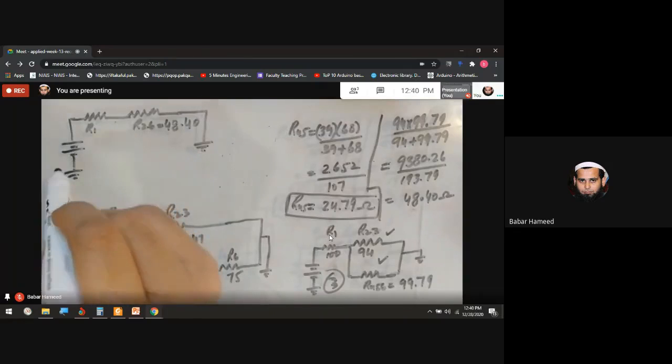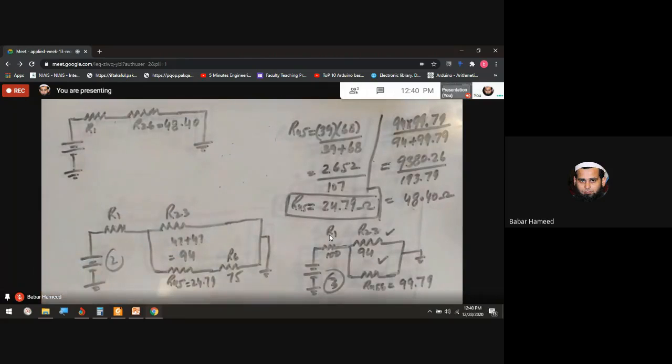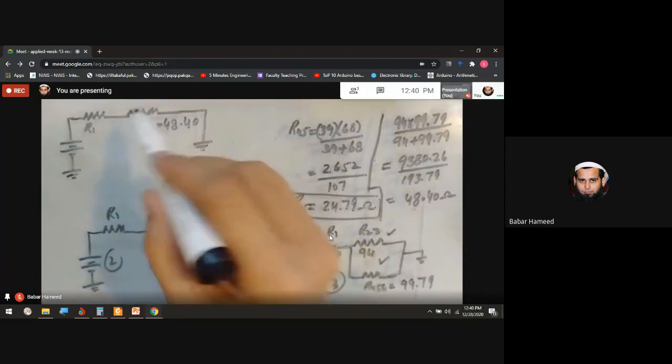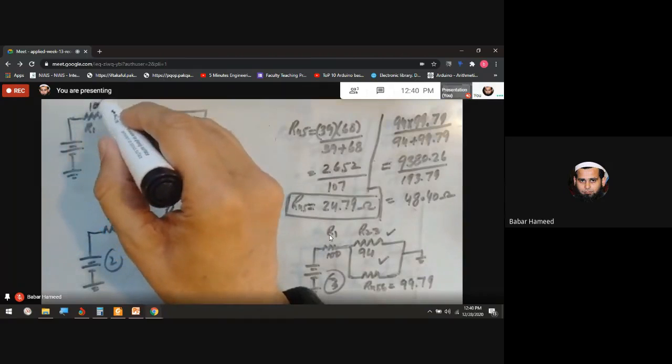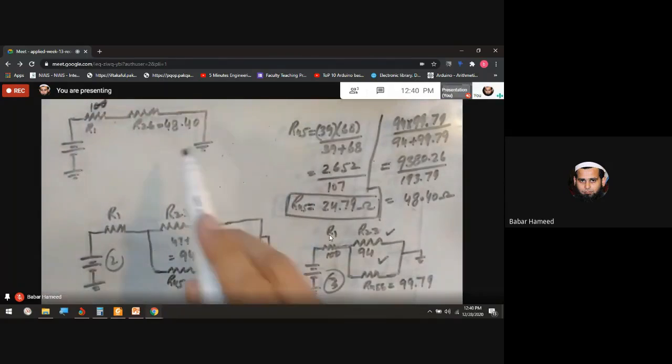So this is 100 ohm and this is 48.40 ohm as we have calculated.